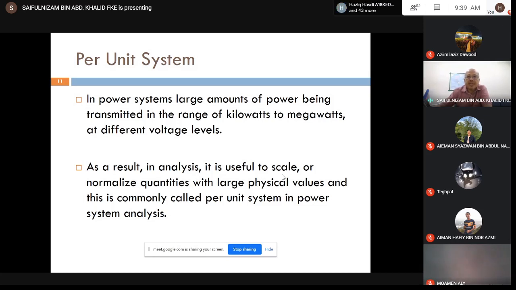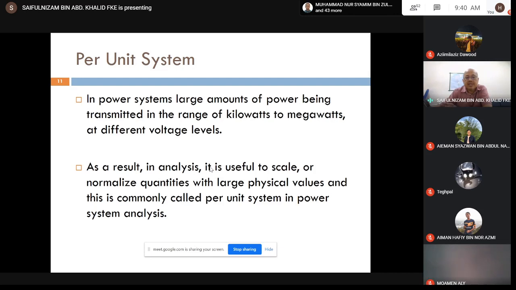These equivalent circuits are interconnected by transformers at different voltage levels. As a result, in the analysis, it is beneficial to scale or normalize the quantities with large physical values. And this is commonly known as the per unit system.